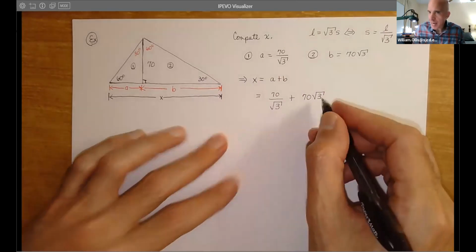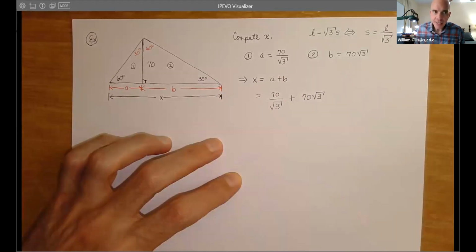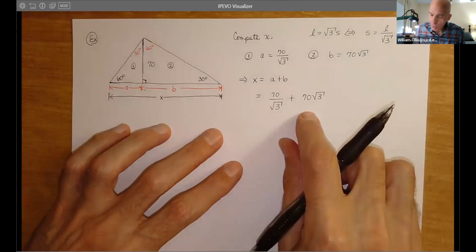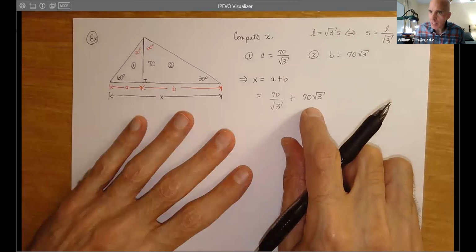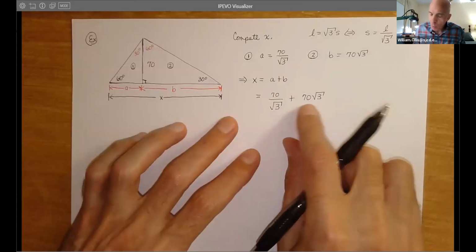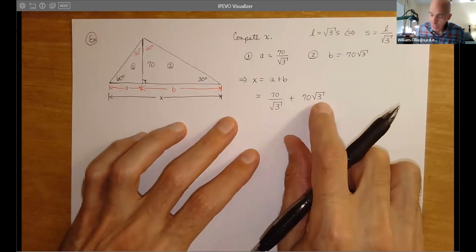And then, of course, if WebAssign asks for a decimal approximation, you're just going to approximate the exact response. But first, we can look at this and say, well, let's just factor this two different ways. I think this is a good arithmetic exercise. For instance, here, why don't we just factor 70 times root 3 out of everything?